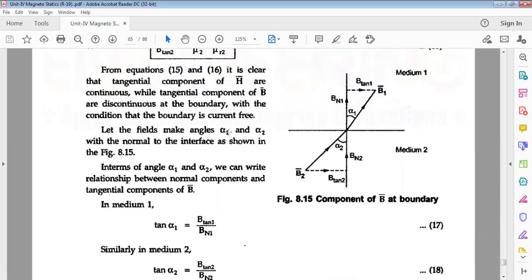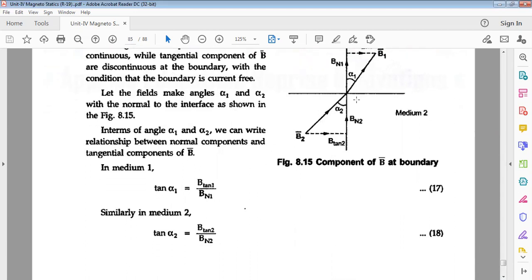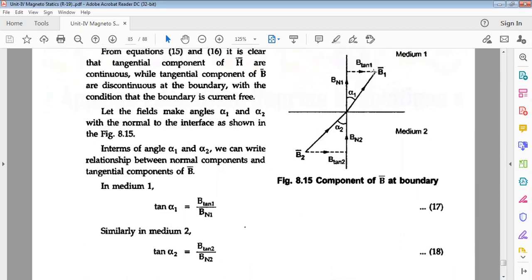Let the fields make angles of alpha 1 and alpha 2 with the normal to the interface, for B1 and B2. Tan alpha 1 is equal to, let us take this right angle triangle, my dear students. Tan alpha 1 is equal to opposite side by adjacent side. Opposite side is B tan 1 and adjacent side is Bn1.